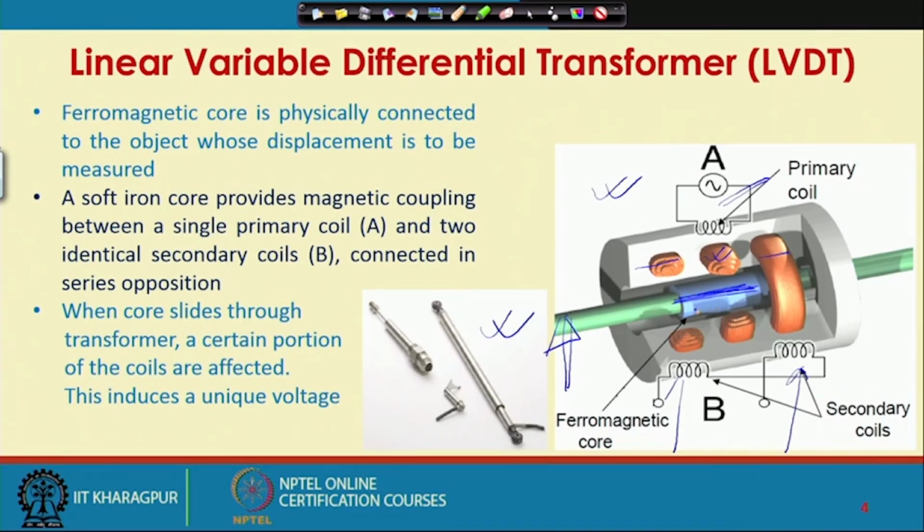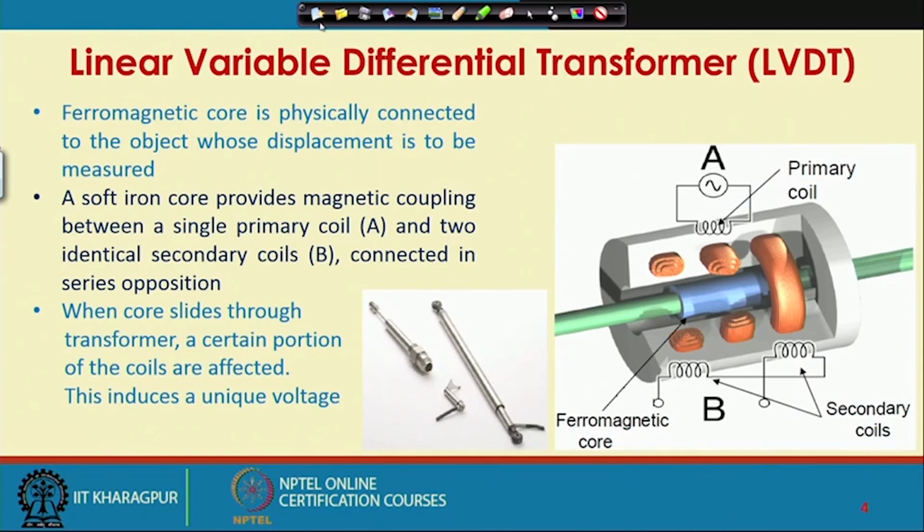So, this core will either go in this direction or will come in this direction. So, a certain portion of the coils will be affected, and this will induce a unique voltage, and this voltage is proportional to the displacement.